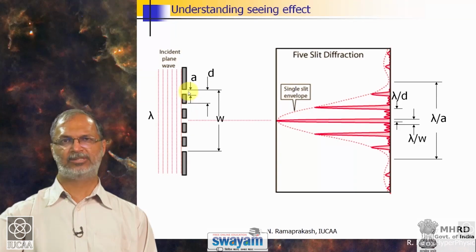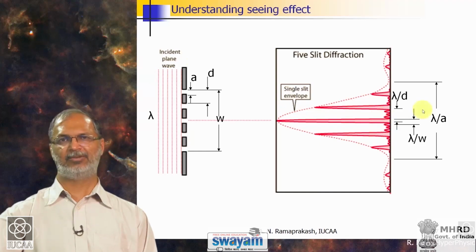The smallest structure here, which is given by size A, leads to the largest structure in the illumination pattern, the overall envelope, lambda by A, because A goes into the denominator. Similarly, lambda over D, the next size scale, gives the intermediate structure scale here, and the largest scale here, which is W, leads to the finest structure here, which is the width of an individual maximum.